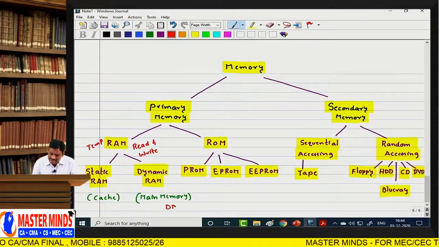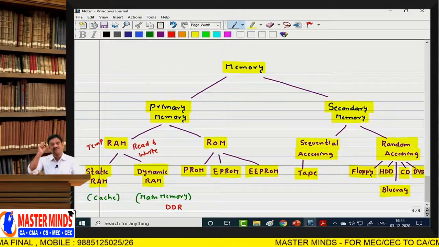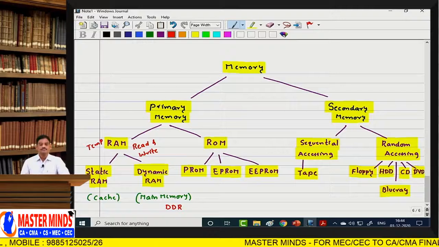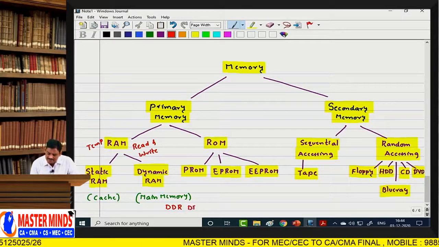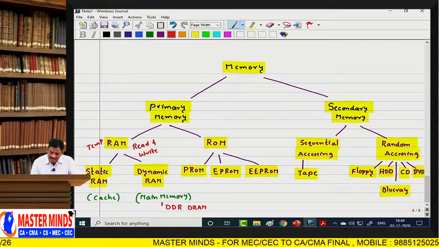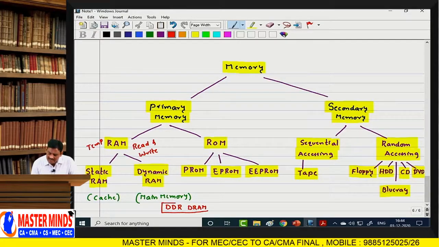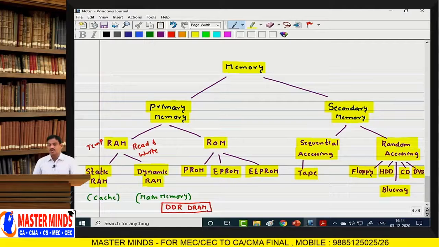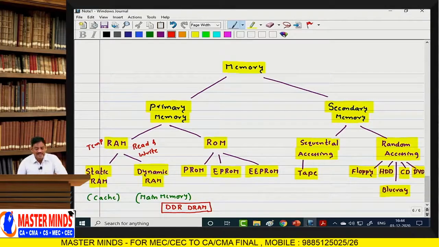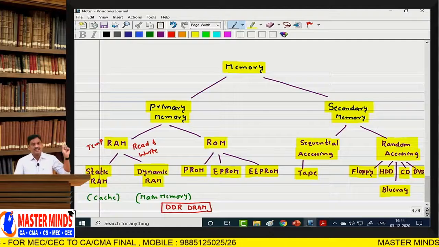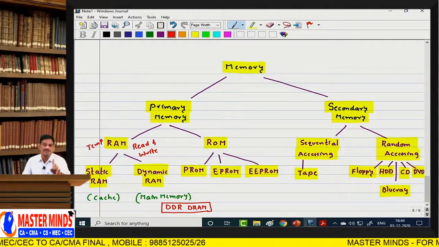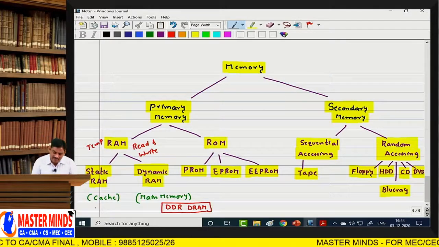Nowadays we are using DDR, DDR3, DDR2, DDR1, double data rate dynamic RAMs. You can read out such specifications given in a laptop configuration. DDR stands for double data rate dynamic RAM. Static RAM can be used for cache memory. This is high speed memory.